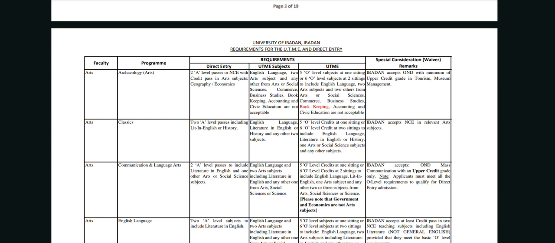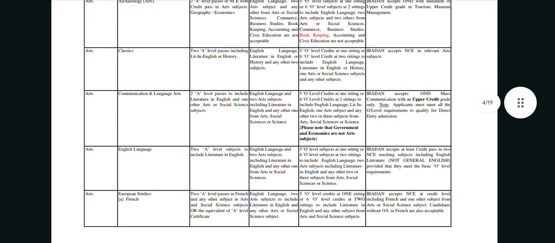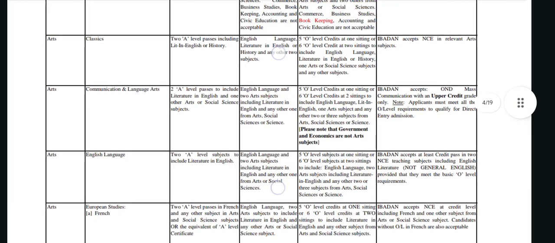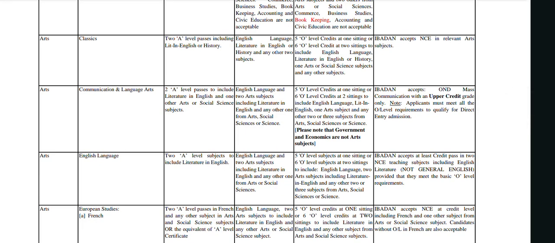So that means we have 2 category of people that can apply for communication language arts as direct entry candidates. Number 1 are those who have Cambridge A level and they possess literature in English and one other arts subject or social science subject, which means they may have literature in English and government, literature in English and economics, literature in English and CRS and all that.